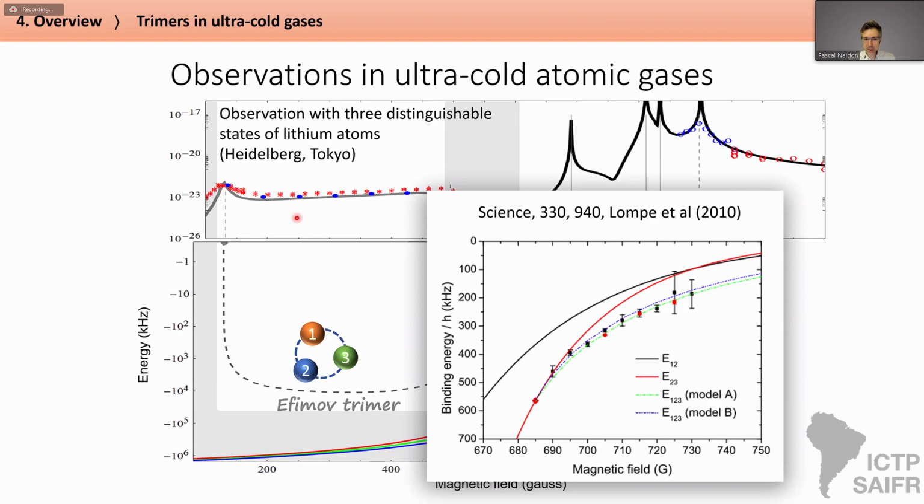So mostly everything is relatively well described by this Efimov scenario. And of course, the deviations from the universal theory come from the fact that we are never perfectly in the conditions of the Efimov theory because of the finite range corrections and everything.